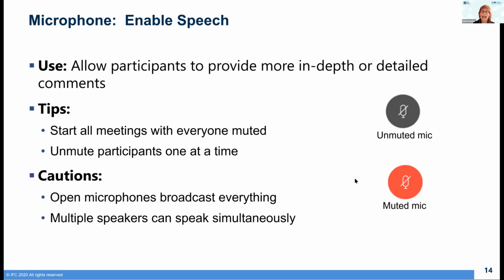And I should mention that as a general caution, the microphone, like every other tool I'm going to discuss in this session, is located in a slightly different place depending on what software you're using and whether the participant is joining via the phone, via the tablet, or via the computer. And it depends also whether you are in the presenter mode or in the participant mode.